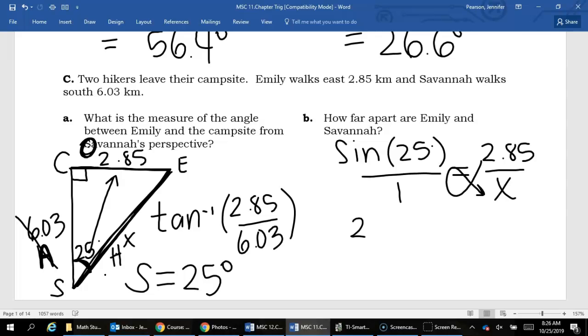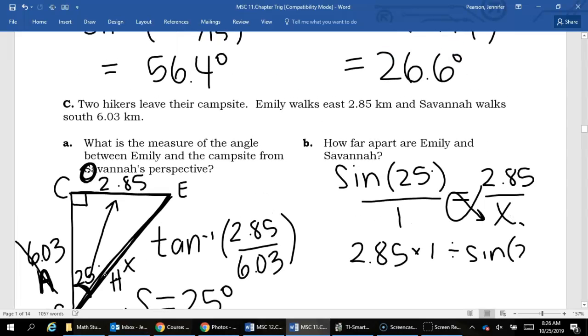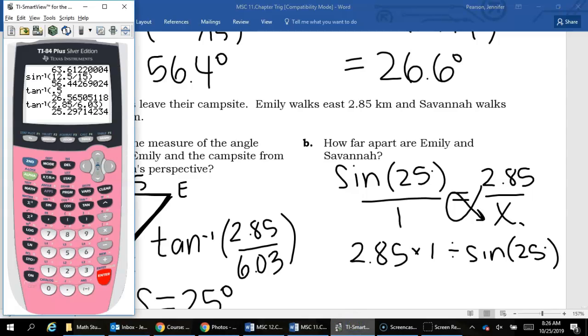So I'm going to go 2.85 times 1 divided by sine 25. And I get 6.7 kilometers.